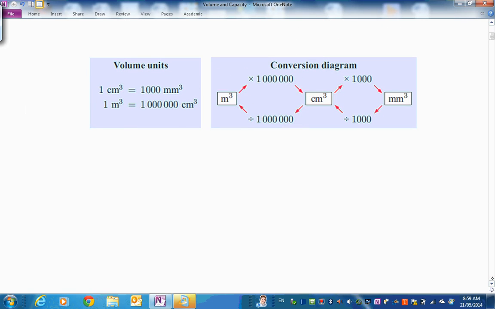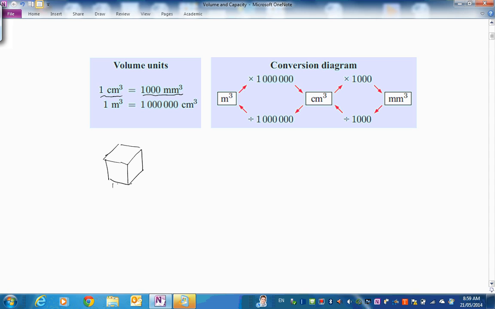So here are our units, volume units. 1 centimetre cubed is 1,000 millimetre cubes. Hang on. There's only 10 millimetres in a centimetre. How come it got to be 1,000? Well, let's check it out now. Let's say we have a cube here, which is a centimetre by a centimetre by a centimetre.